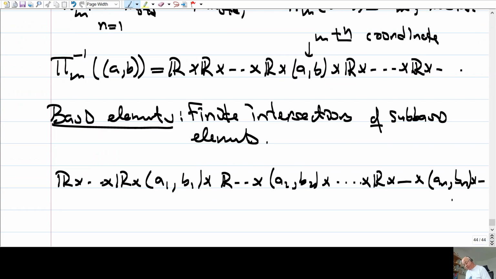Okay, but after some point on, there will be only R's. Only finitely many open sets different than the whole space are allowed to appear in this product. Okay, so these are the basis elements.